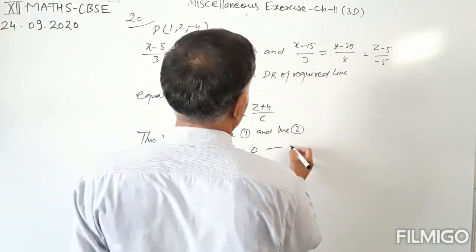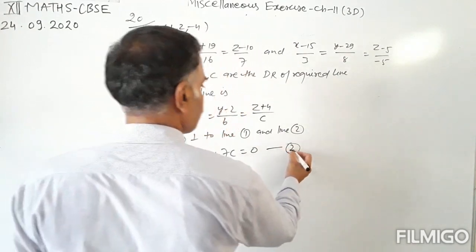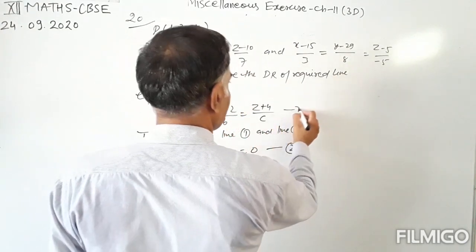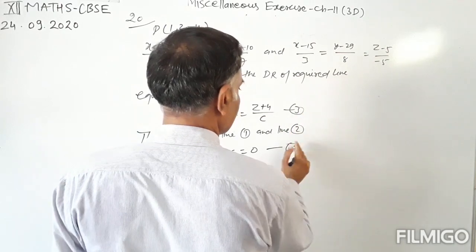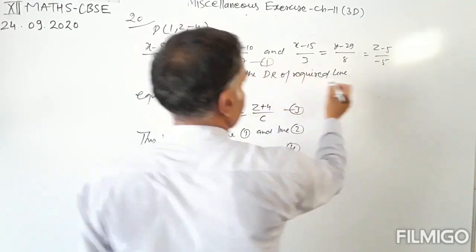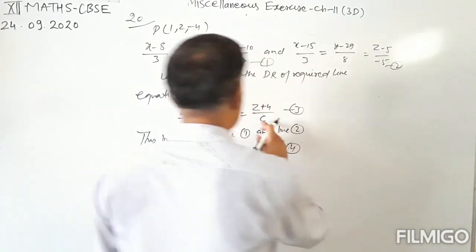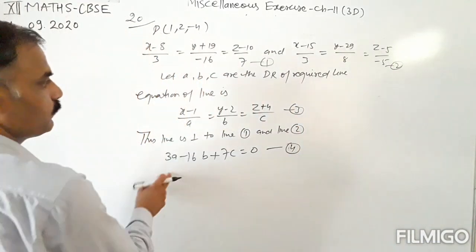This is equation number third. First, second, third, and this is fourth.